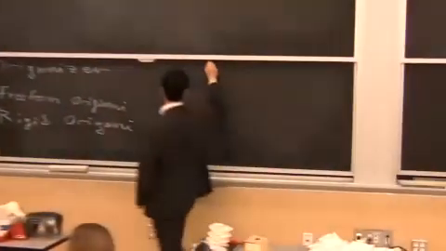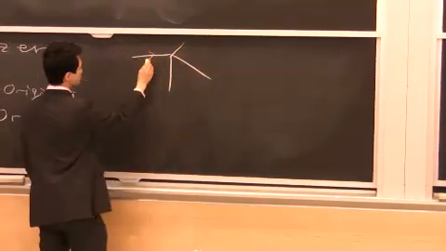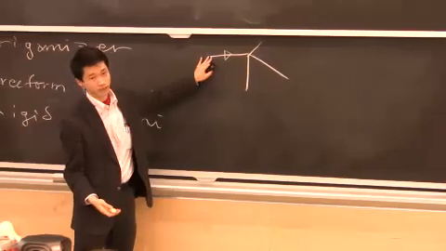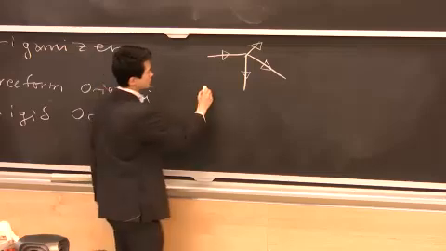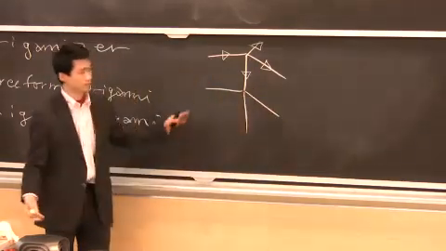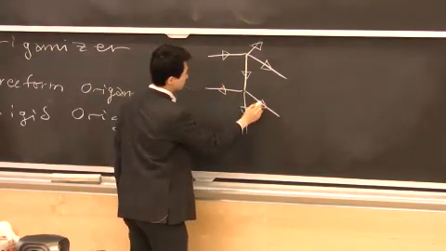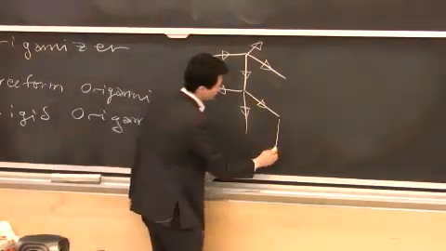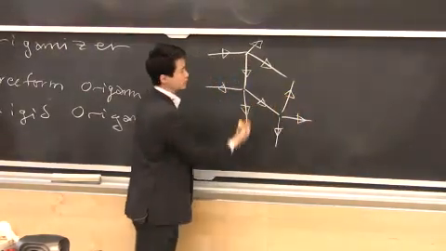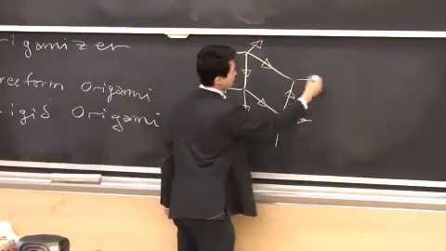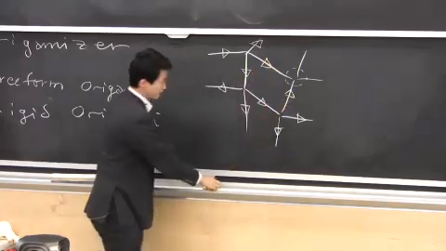So basically, if you define this folding angle, then all the folding angles here are defined. If you have another vertex, then everything here is defined. And you want to have another vertex here that is defined by this folding angle.